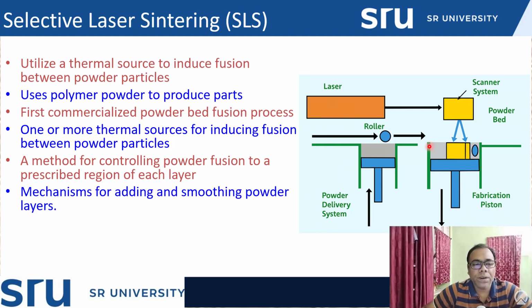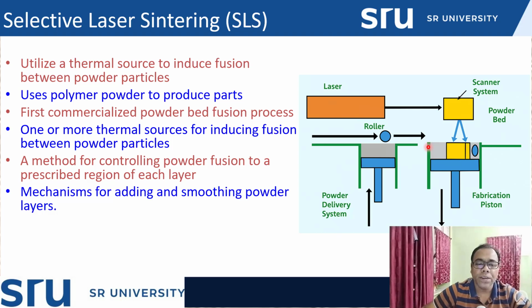Here one can use thermal processes, so heat energy is required. Similarly, polymer powder material can be used in this process, and commercialized powder can also be used. This is one of the first methods used for making products using the powder bed system.